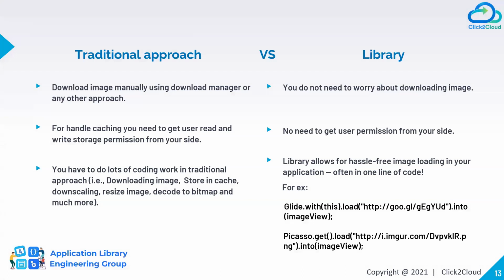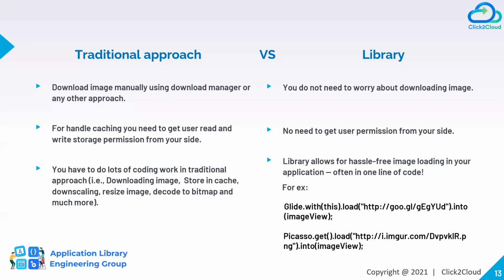Now we see the comparison between the traditional approach and the library approach. If you use the traditional approach, then you have to worry about downloading of an image, maintaining cache, downscaling, and you have to worry about the user permission also. And for all this operation, you have to do lots of coding work also. And after implementation, you have to test that implementation also.